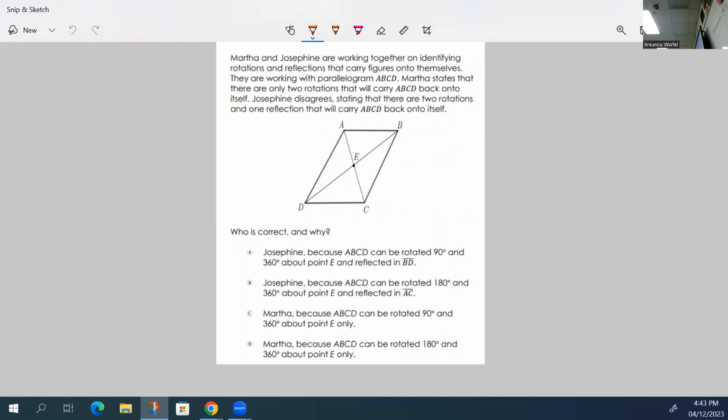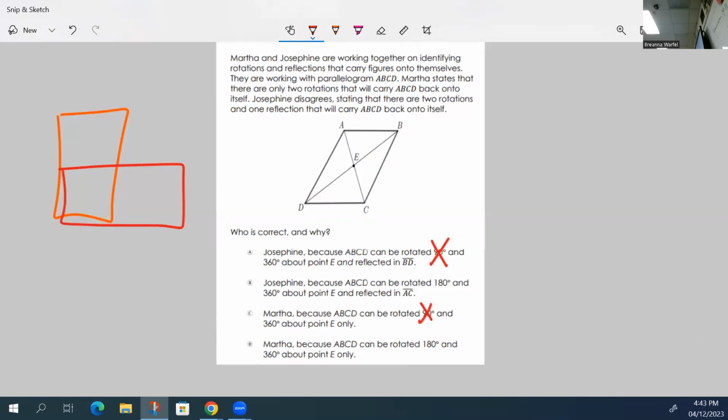Because this is very much like a rectangle, kind of taller than it is wider, if you rotate this 90 degrees, it's not going to match onto itself. So anywhere that you see 90, you can take out. So it can't be A. 90 degrees is not going to rotate about itself, and neither is this 90.